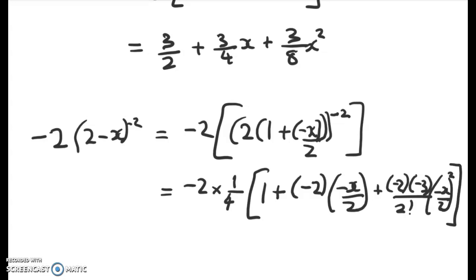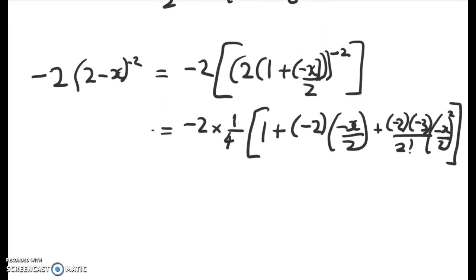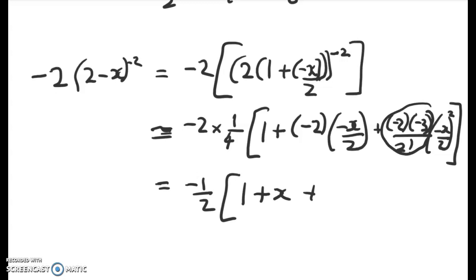Right, so hopefully you can see why I'm finding this so tedious. It's just boring. What have I got here? Well, I've got negative 1/2 times 1 plus x. Here, this gives me plus 3x squared over 4.